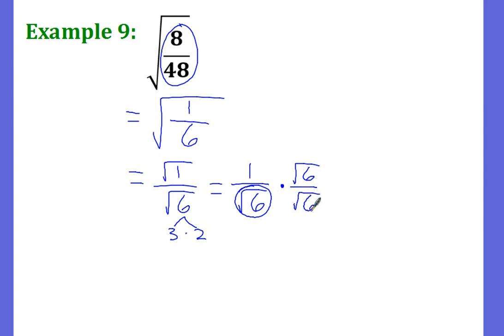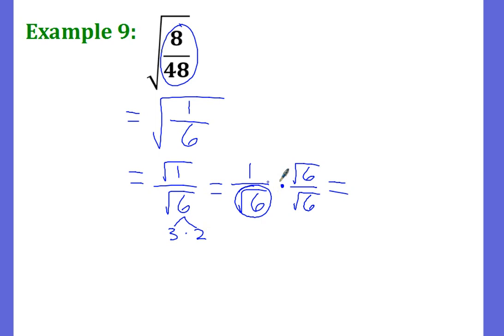Think about that. What am I essentially multiplying by? What does this reduce to? Root 6 over root 6 would just reduce to 1, right? So we're taking something and multiplying it by the number 1, just a kind of weird form of 1. It's just a trick that we can change the way this looks. And this right here is going to get the square root out of this denominator.